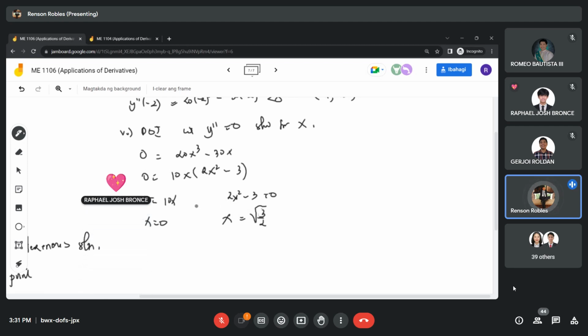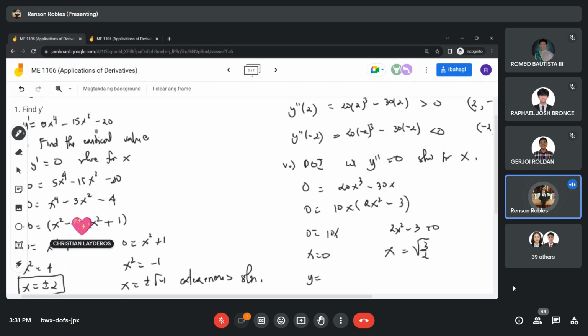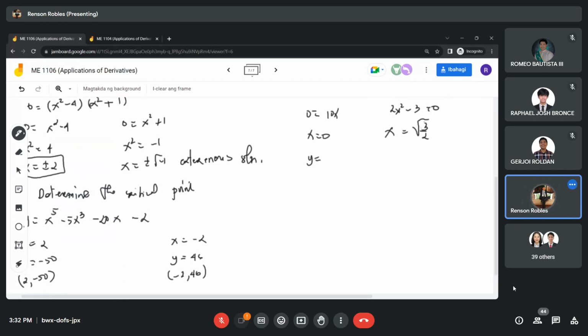But this is the point of inflection. And then I will substitute into y. So y equals, when x is 0, negative 20. And then what is y when x is square root of 3 over 2?